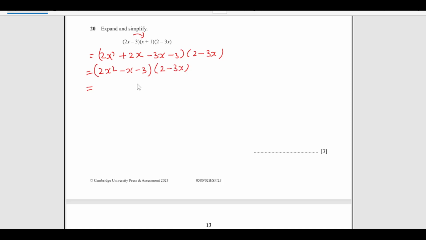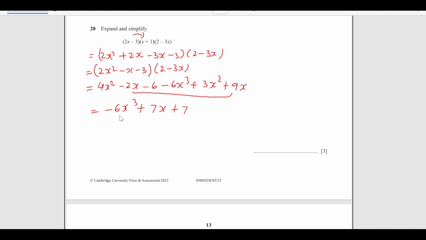So when you multiply this, this becomes 4x squared minus 2x minus 6, then multiplying by 3x, negative 6x cubed plus 3x squared plus 9x, right? So just rearrange: this will be 7x plus 7x squared minus 6. So this is negative 6x cubed plus 7x squared plus 7x minus 6, right?